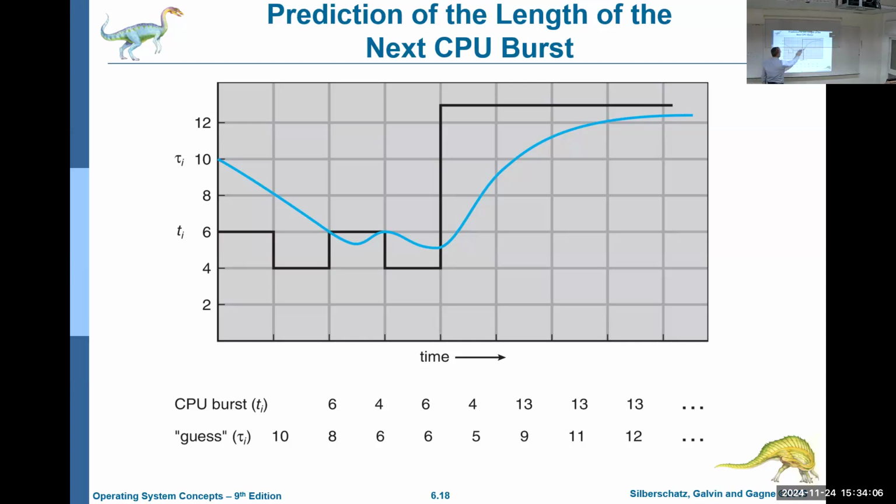So our next prediction is 8, and that's this point. Our prediction is 8, but the reality was 4. So our rule is we take half of this, which is 4, and half of this, which is 2, and 4 and 2 is 6.